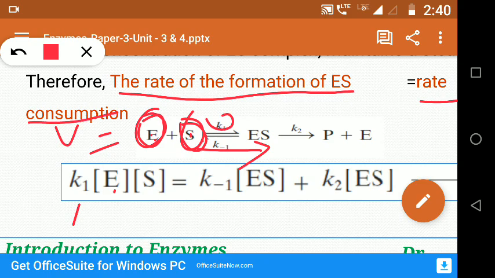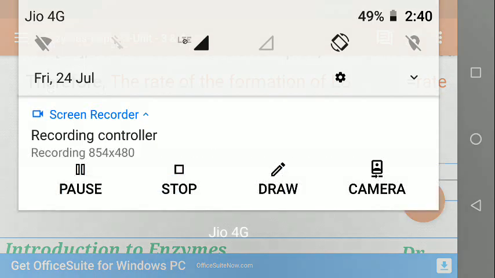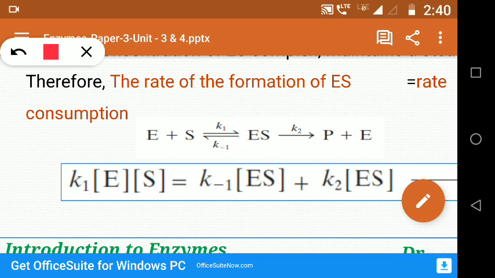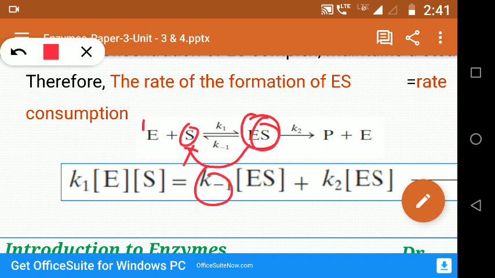So ES will be consumed by two reactions. The first reaction is the reverse, so that is why K minus 1 into ES. ES is the reactant here. Products are substrate and enzyme, and in the other reaction product will also be formed.